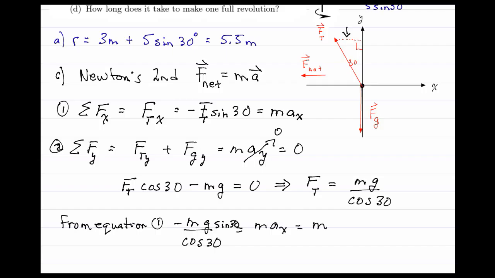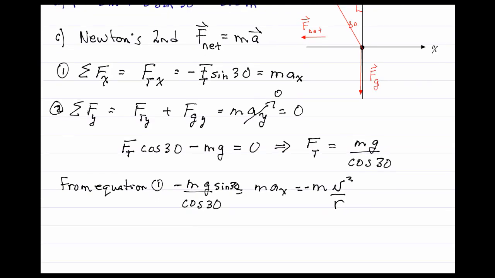That acceleration is radial acceleration, and at this particular instant it's in the negative x direction, so we can write this as negative v squared over r. It's a bit of a mess here, but the m's cancel, the negative signs cancel, and the sine and the cosine combine to give tan of 30 degrees, and that's equal to v squared over r.